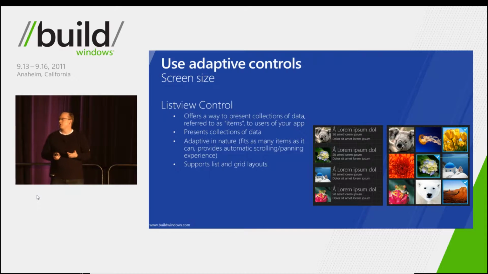The list view can operate in 2 modes. It can operate in grid mode, which means it fills in horizontal and vertical direction, or it can be operated in list view mode, and that way it just fills in vertical direction. And this is very useful for the snap mode because you can take the same layout and just flip a property and have a beautiful layout in snap view as well.